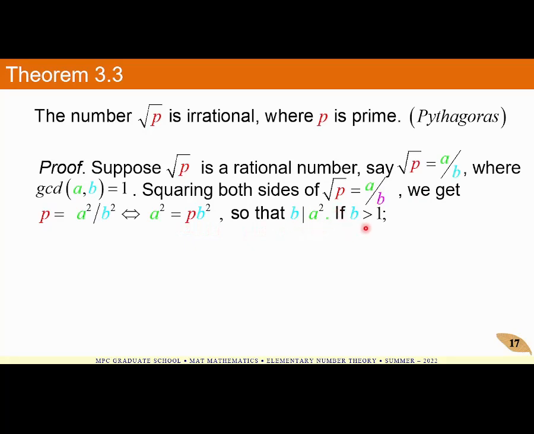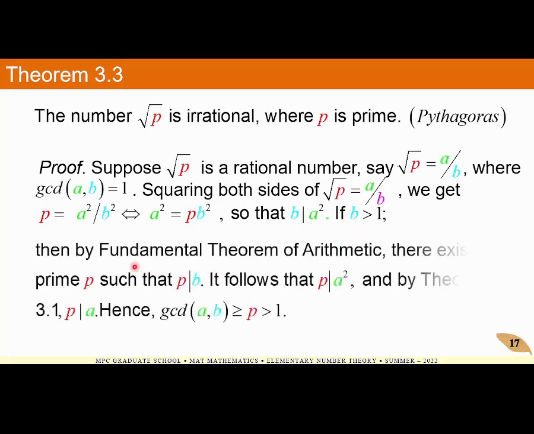If b is greater than 1, then by the Fundamental Theorem of Arithmetic, there exists a prime p such that p divides b. It follows that p divides a^2, and by Theorem 3.1, p divides a.